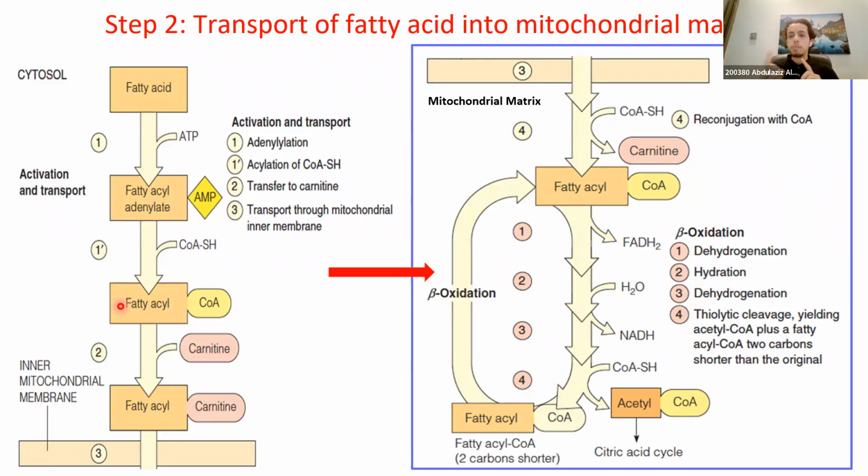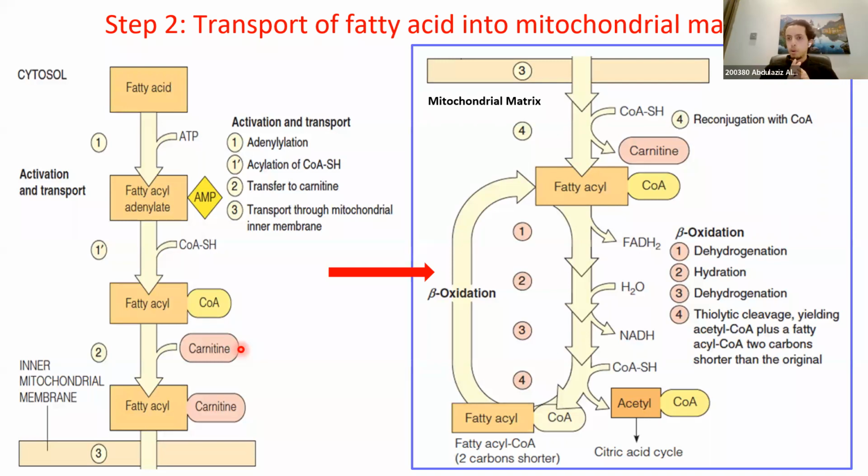However, it needs something to be attached to it in order to go through both membranes of the mitochondria. This is what we call carnitine. A carnitine will attach to the fatty acyl group and will allow its transportation through, as we'll see in the next few slides, two transporters, CPT1 and CPT2, which are present on both membranes of the mitochondria.